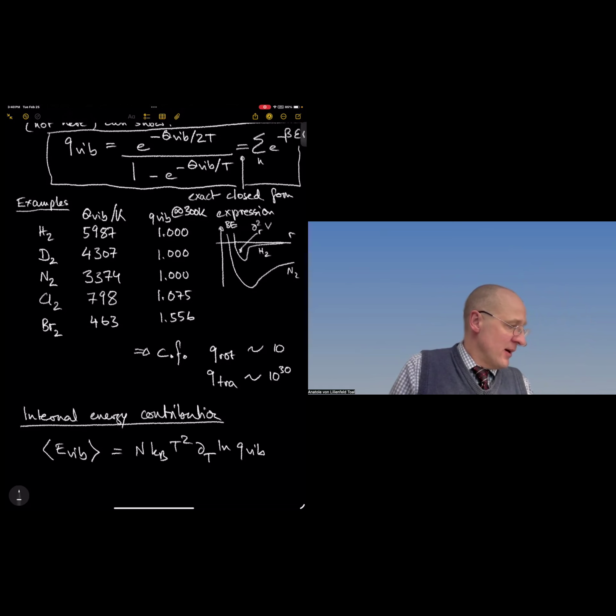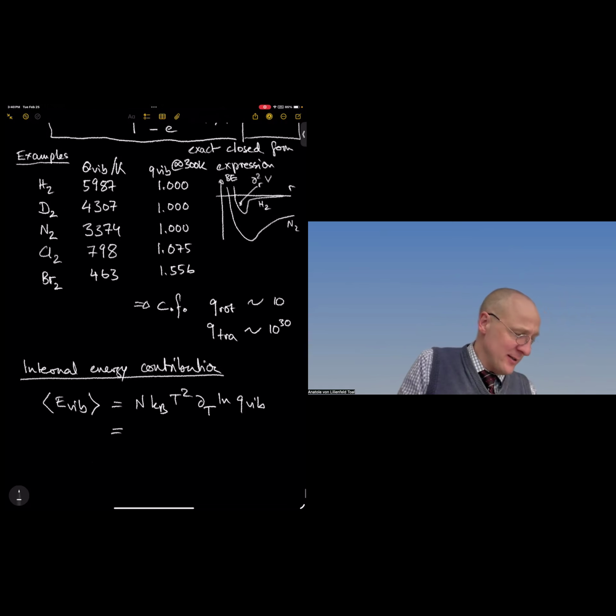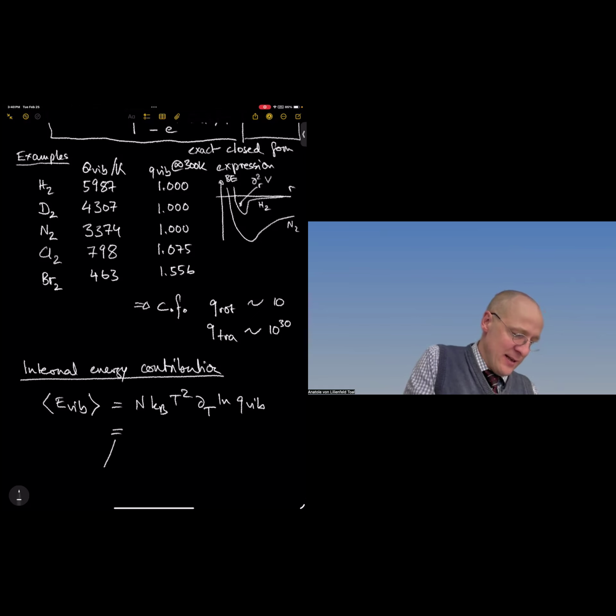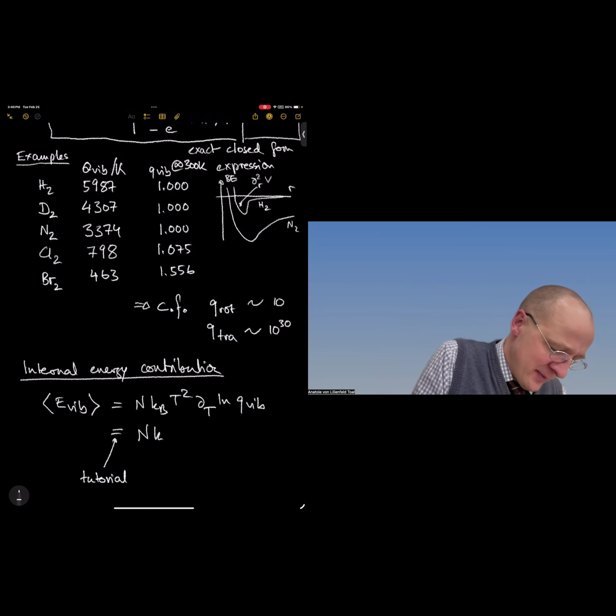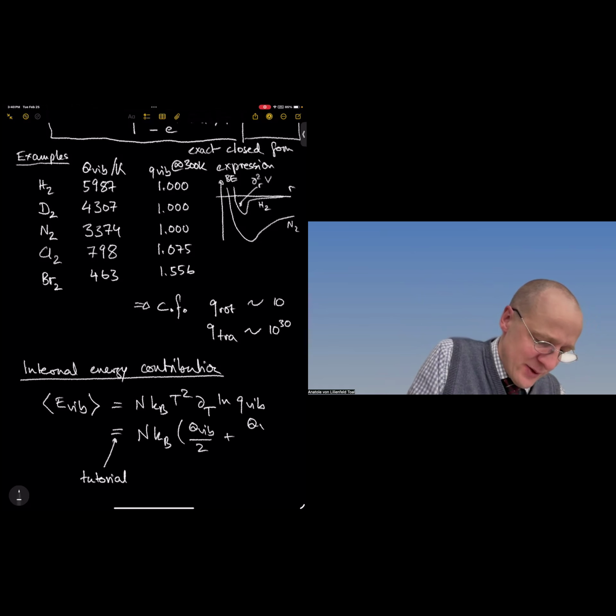Now, also here, doing this derivation takes longer, and so this is something which you should be seeing in the tutorials. The expression you should get looks like this. You get the characteristic temperature again over 2 plus theta vib over e to the theta vib over T minus 1.